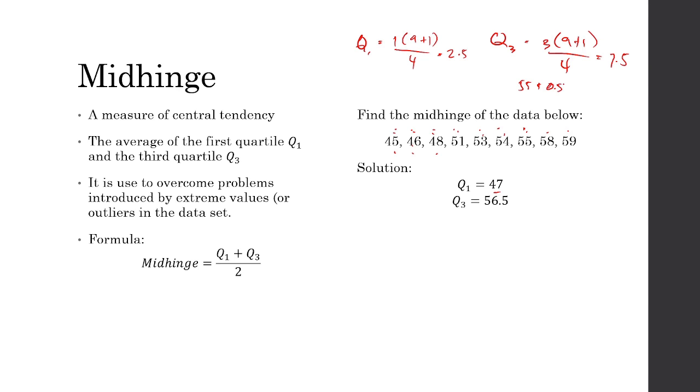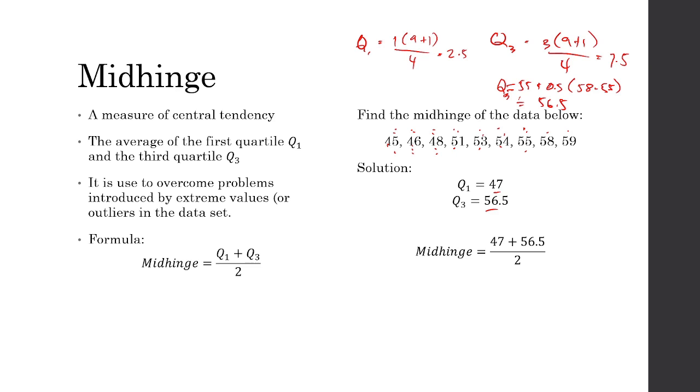So we have there 0.5 of 58 minus 55. So this will be 3, 1.5, 56.5. Our third quartile there is 56.5. Question ko lang sarili ko.